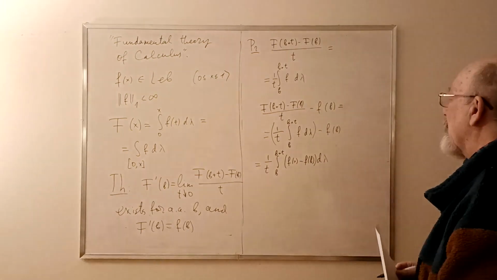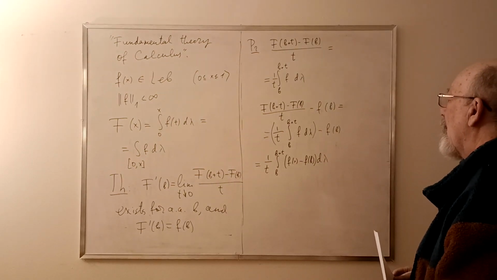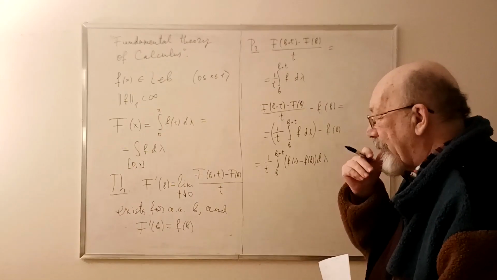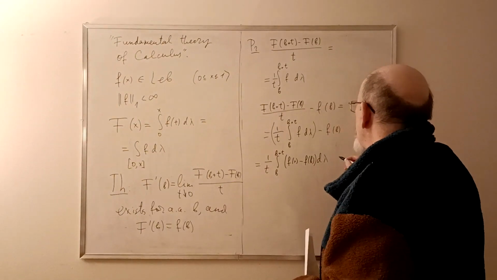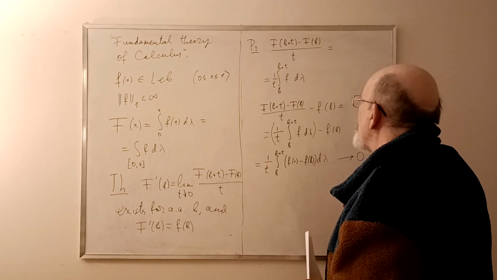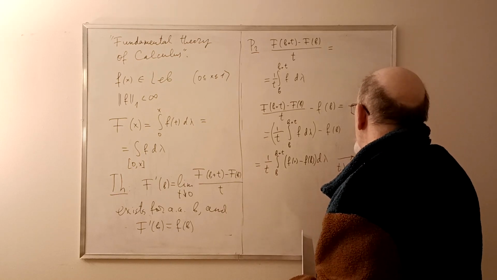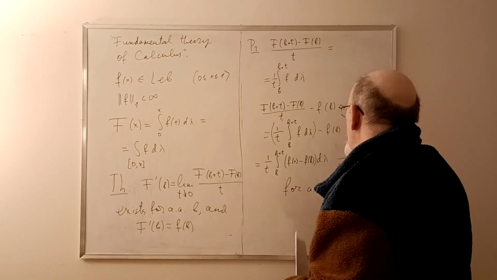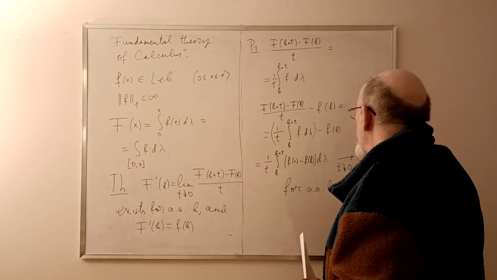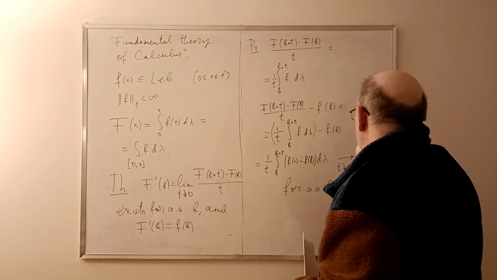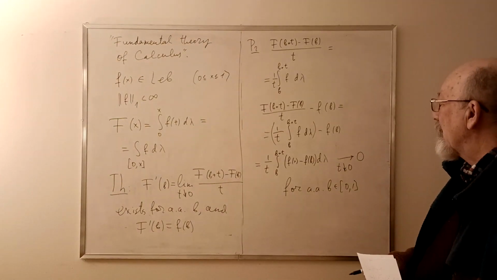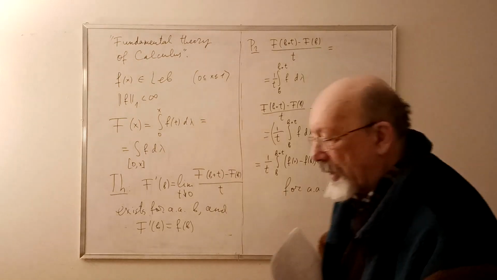So we have this equality, and then we have this powerful theorem which says that it goes to 0 when t goes to 0 for almost all b, in this case b in 0, 1.